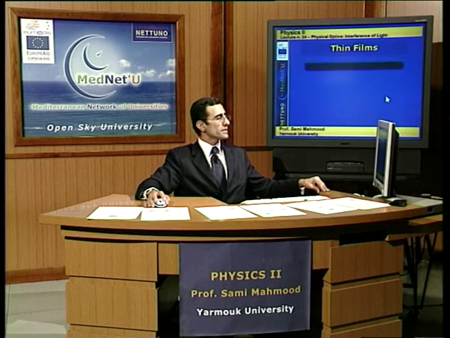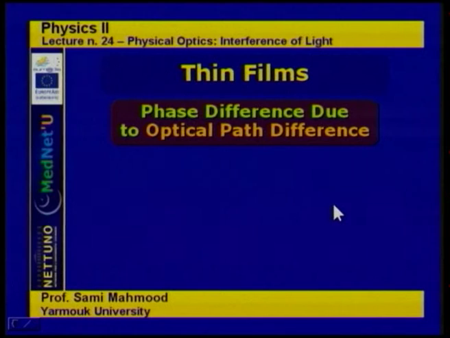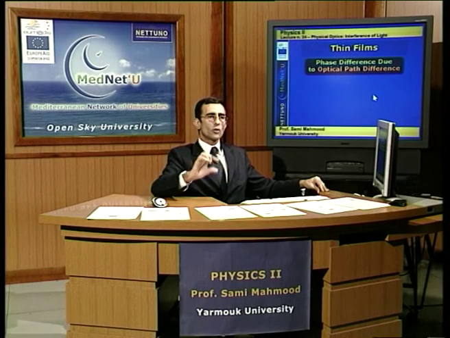And now we consider the interference by thin films, as interference can be observed not only from sources like the two slits that was done by Young's experiment, but also interference can be observed between lights reflected from the upper face and the lower face of a film.